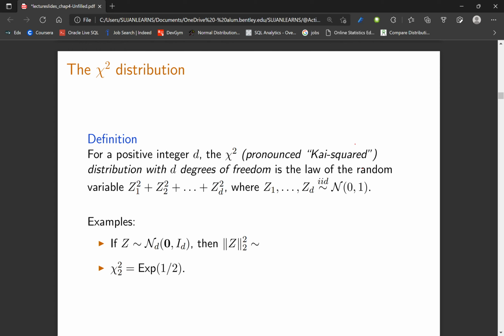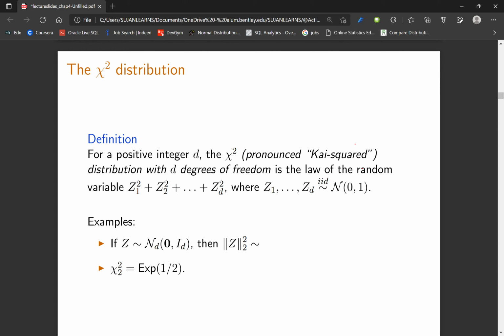Now, let there be many independent Gaussian variables, and we square these independent standard Gaussian variables, and we sum them.